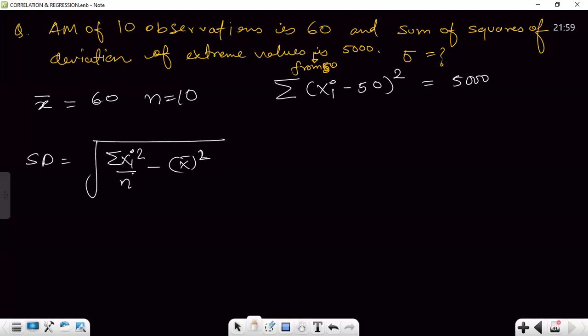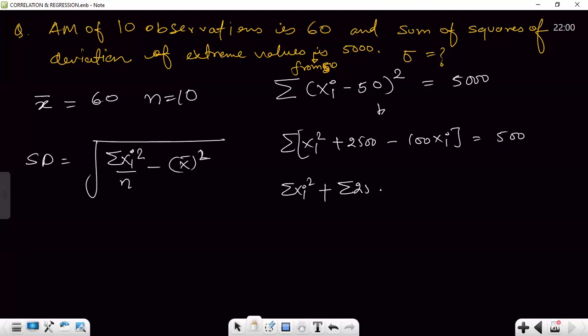But we don't have the sum of xi square, which we can get from here. So first we'll expand: xi square plus 2500 minus 100 xi, summed, is equal to 5000. Sigma will get multiplied: sigma xi square plus sigma 2500 minus sigma 100 xi is equal to 5000.